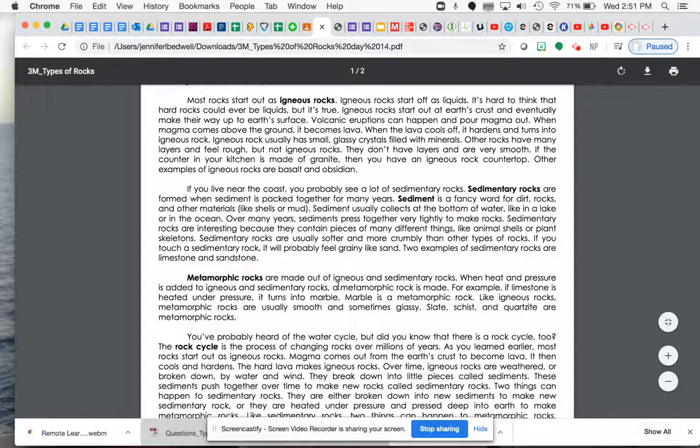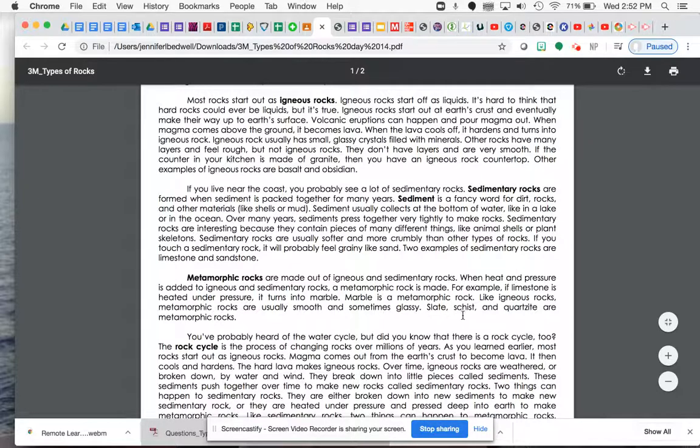Metamorphic rocks are made out of igneous and sedimentary rocks. When heat and pressure is added to igneous and sedimentary rocks, a metamorphic rock is made. For example, if limestone is heated under pressure, it turns into marble. Marble is a metamorphic rock. Like igneous rocks, metamorphic rocks are usually smooth and sometimes glassy.